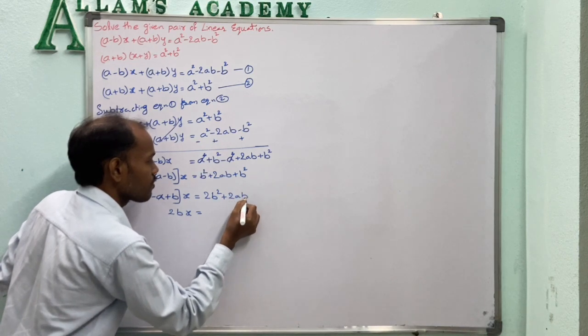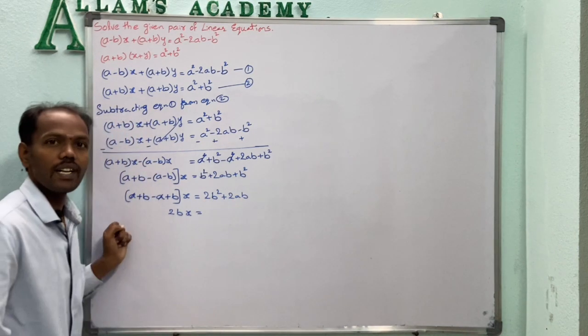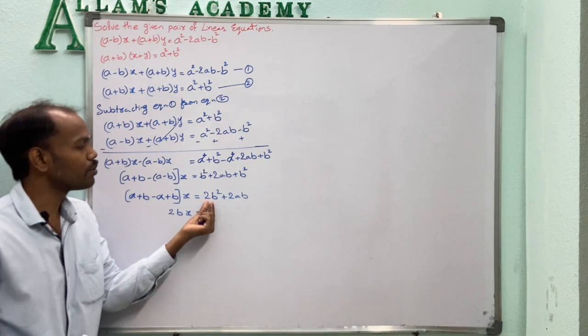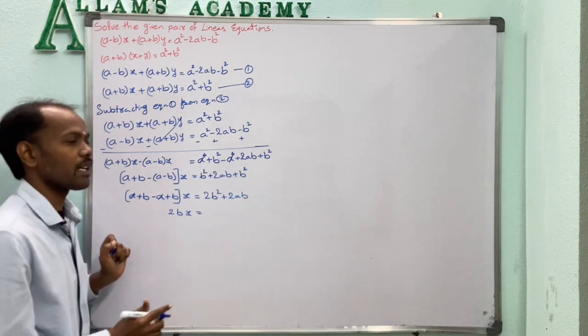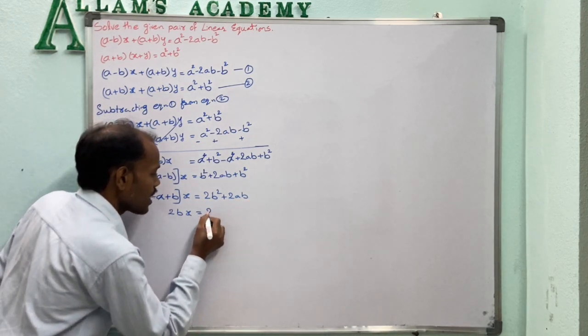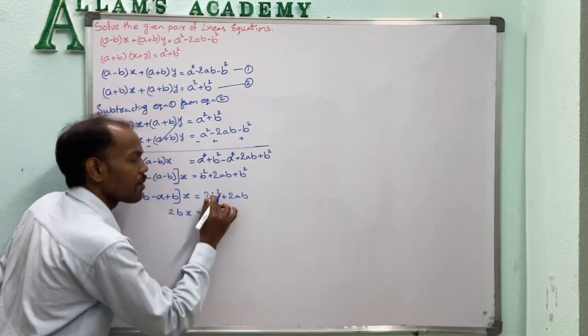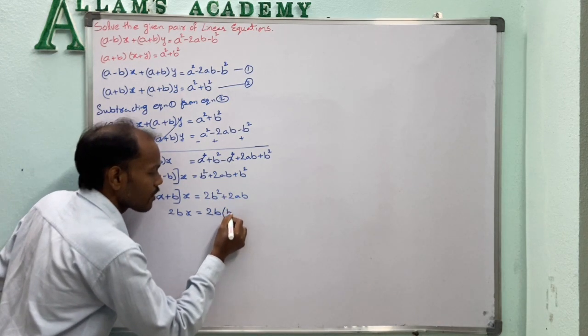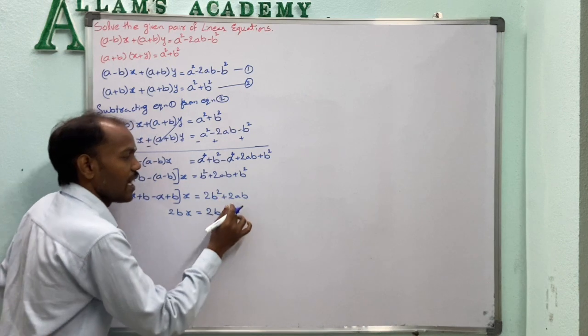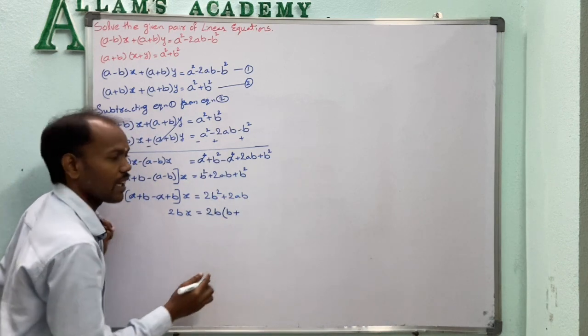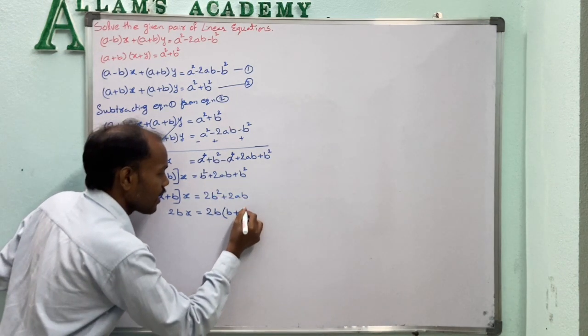Now here 2b is the common number, so taking 2b common, the remaining is b plus a.